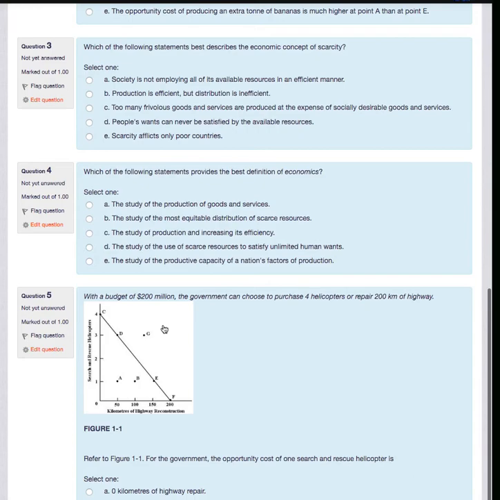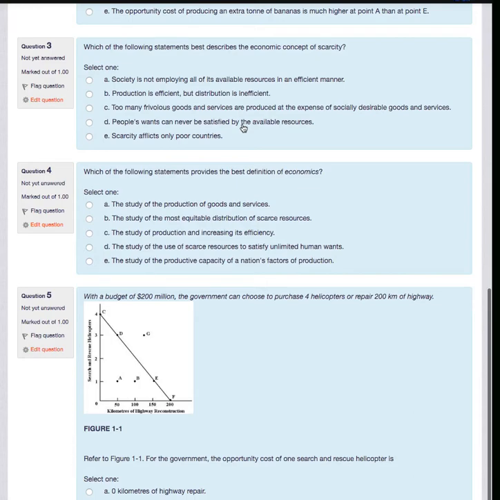Too many frivolous goods and services are produced at the expense of socially desirable goods and services. Well, here we could start having this concept of trade-offs between different goods. People's wants can never be satisfied by the available resources.